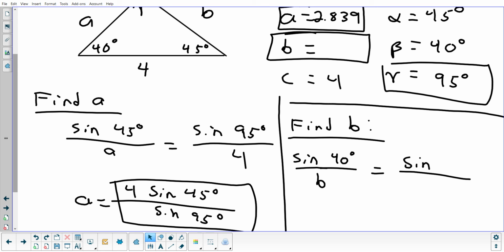Well, it's going to be sine of something, yeah. 2.839. No, that's not an angle, that's a side. Oh, angle. Sorry. 45. 45, yep. And then 4.